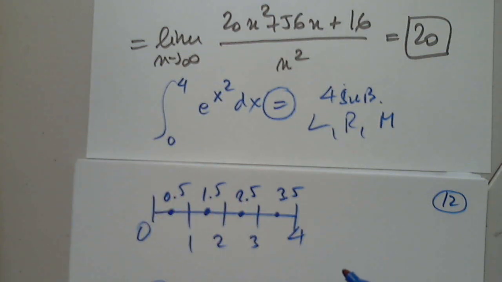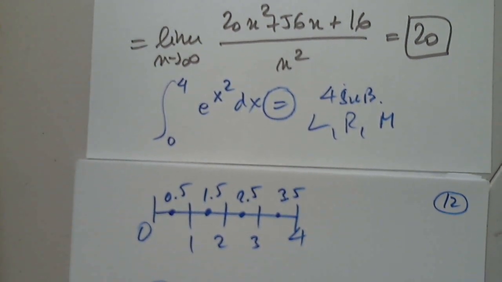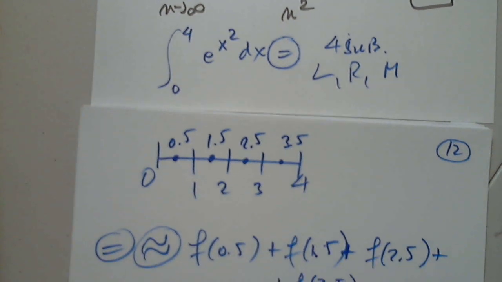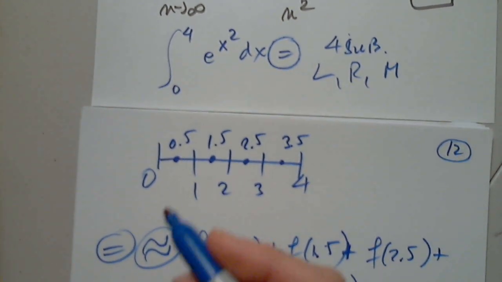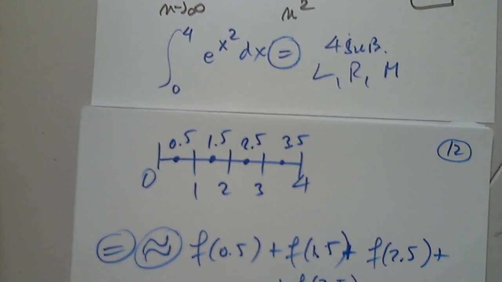But the base is 1. I'll skip that. f of 0.5, f of 1.5, f of 2.5, f of 3.5, where f of x, of course, is e to the x squared.